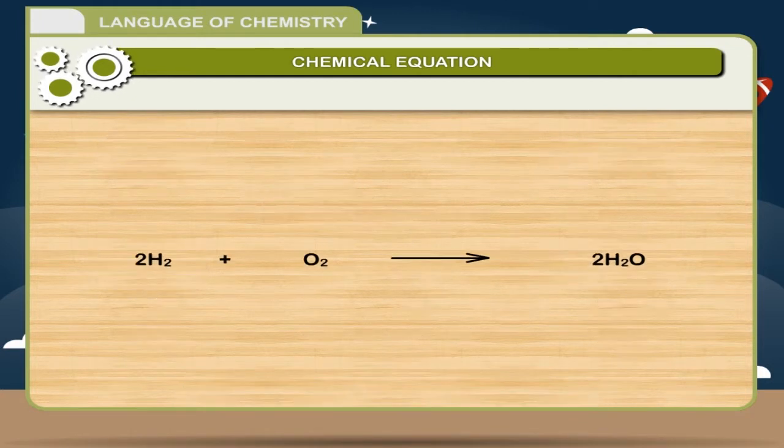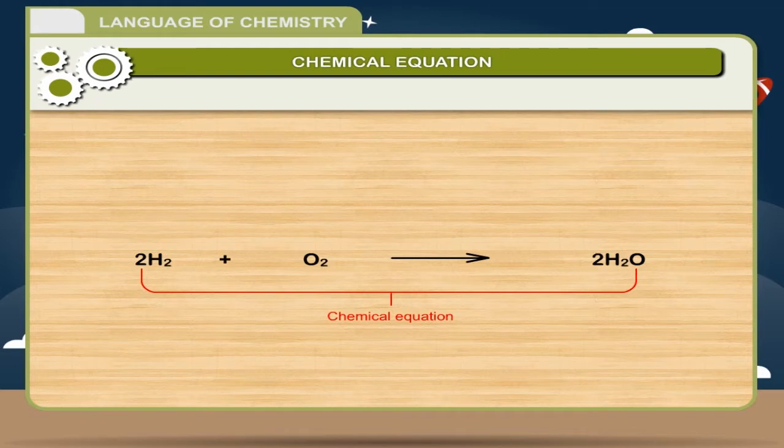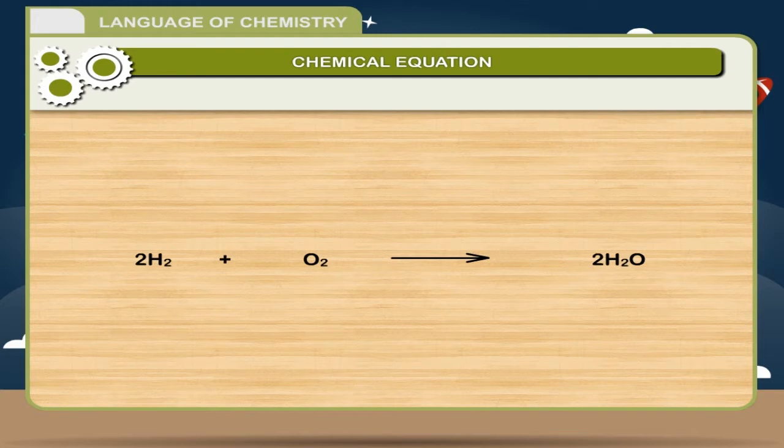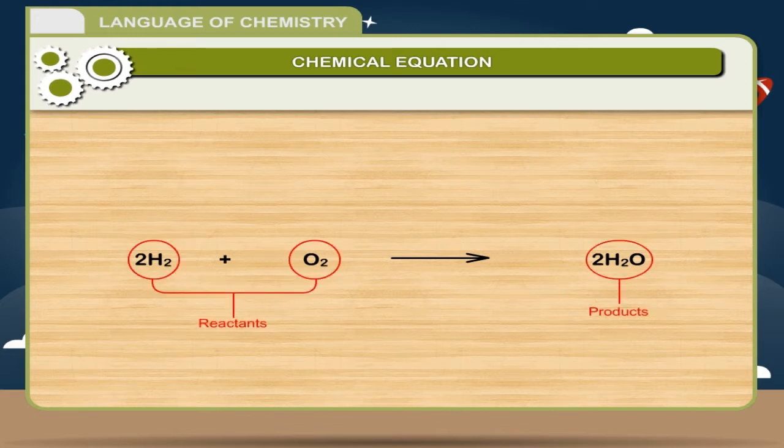During a chemical change, existing substances undergo combination or decomposition and form new substances. We call those compounds with which we start reactants, and the new compounds that form are called products. In a chemical change, reactants form products.